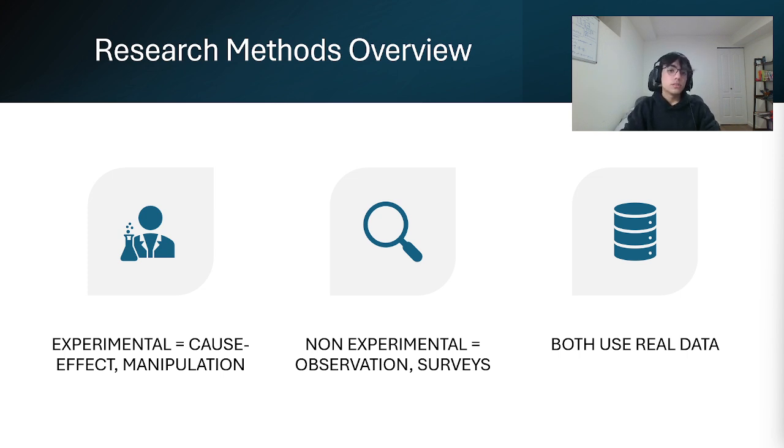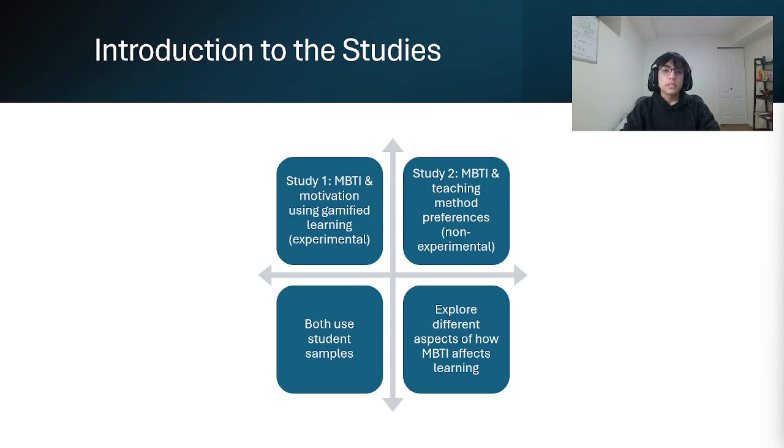So I'll introduce you to both studies I used for this presentation. Both focus on student populations and how MBTI influences their learning, but they use different research methods. The first study, published in 2024, is experimental.